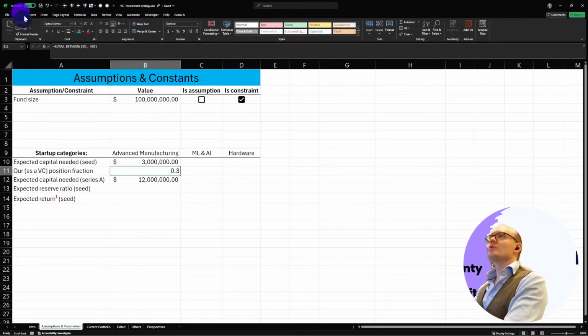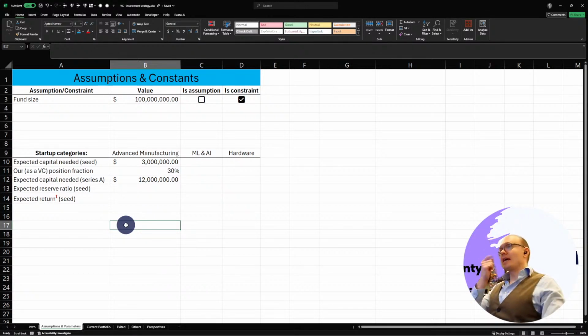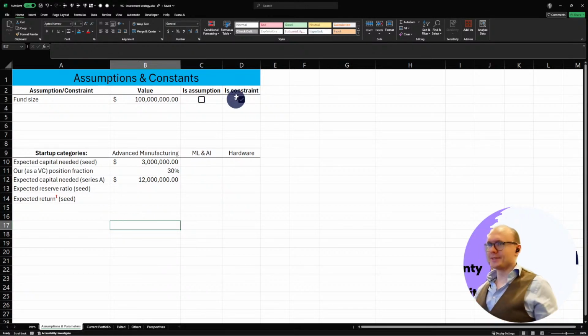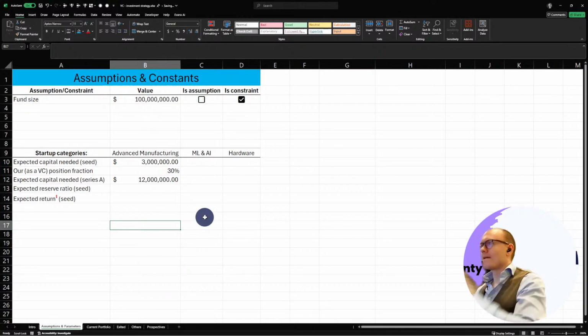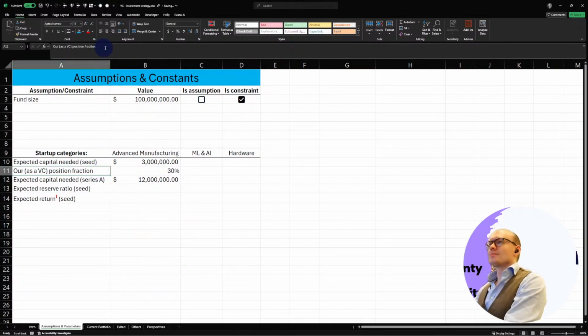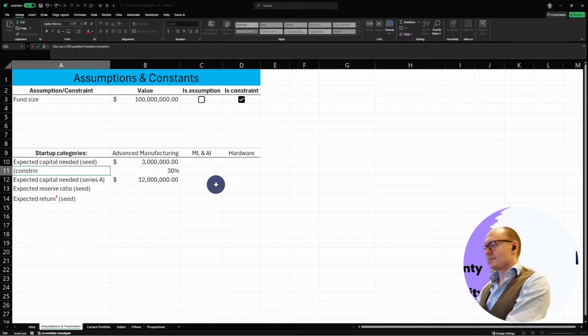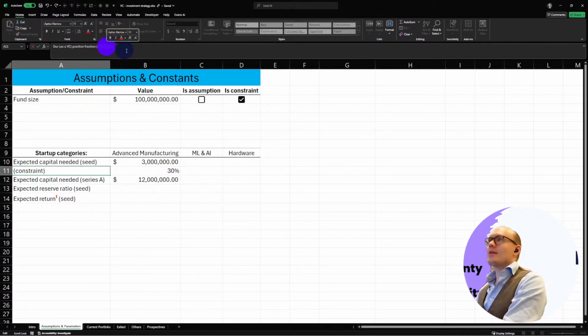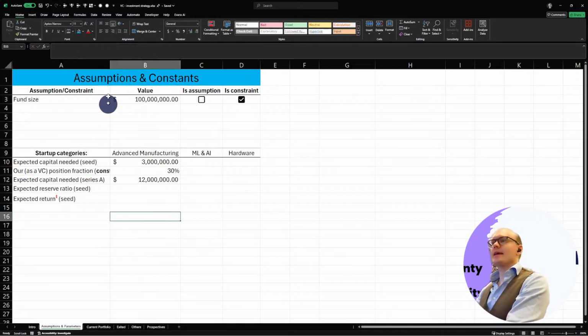So we'll take that and we will make this into a percentage. So this is actually a constraint. Think about it. So now we've added a nice constraint here.